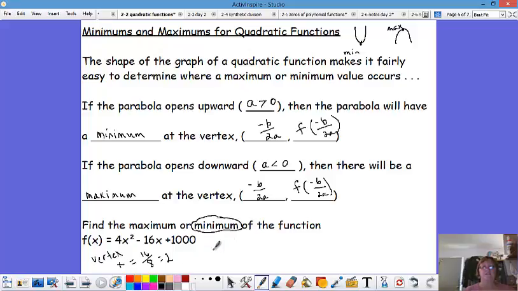To find the value of that, then we need to do f of 2. And let's see, 4 times 2 squared minus 16 times 2 plus 1,000. 1,000, what were they thinking? 2 squared is 4. 4 times 4 is 16. So here's positive 16.